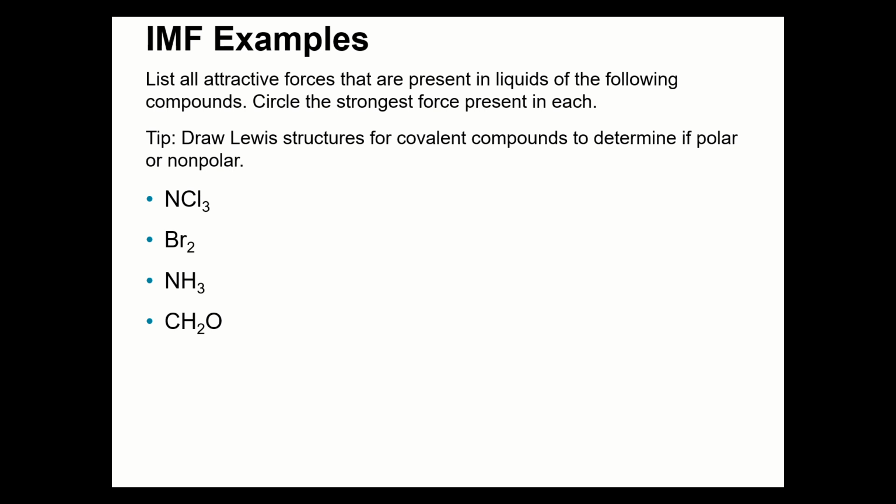For NCl3, nitrogen is going to be our central atom because it's the least electronegative, and it's also the first one listed as long as it's not hydrogen. So nitrogen goes in the center, bonded to those three chlorines.